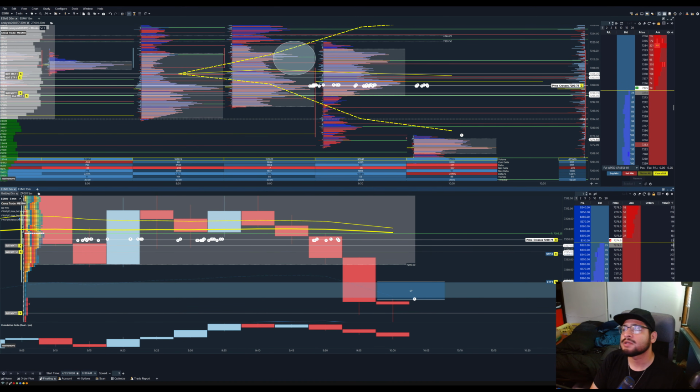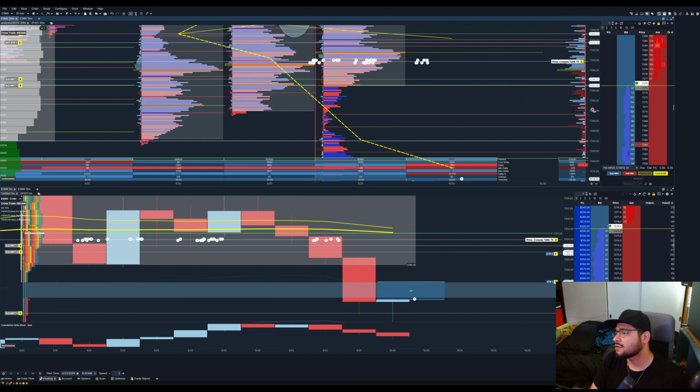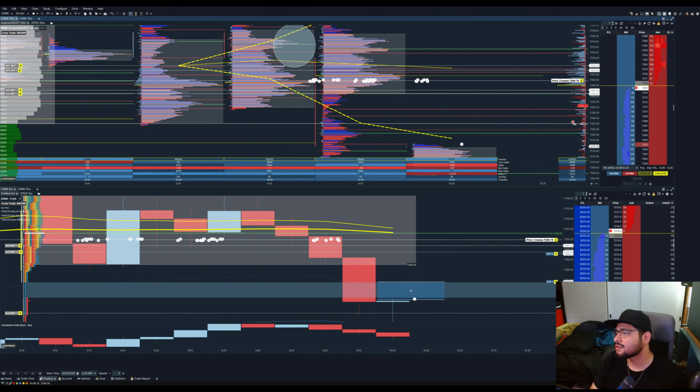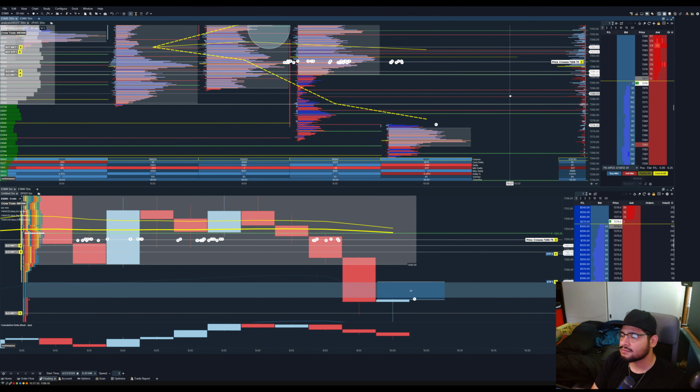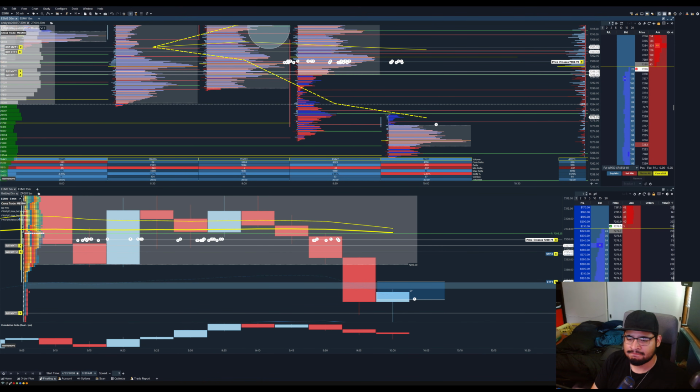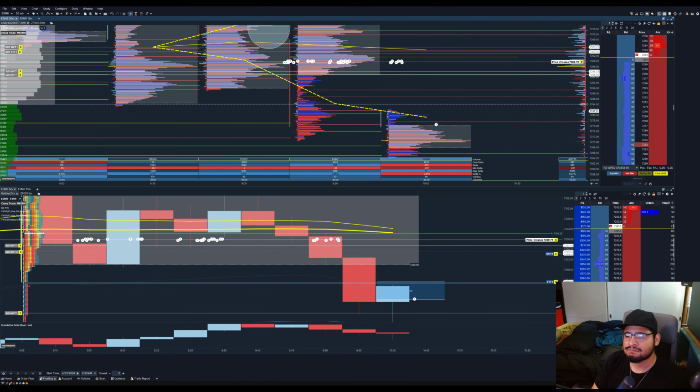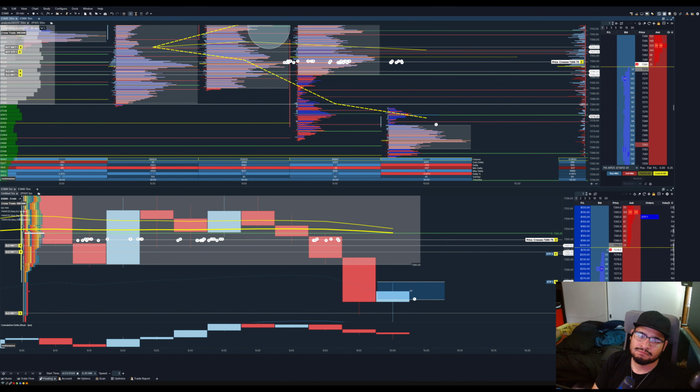Zoom in. Might start to repair this single print. Oh, do we see?